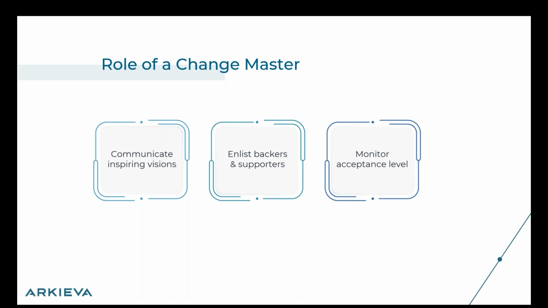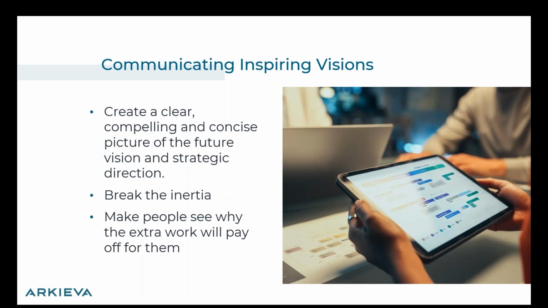Their role is to make sure that this change happens. So the activities they should be participating in are communicating inspiring visions so that people can see where we are going and why this is important, enlisting backers and supporters. Sometimes they are in the project, sometimes they are outside. And then of course monitoring if things are actually working. So let's look at some of these one at a time.